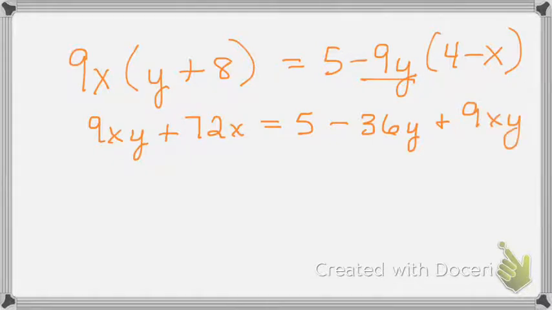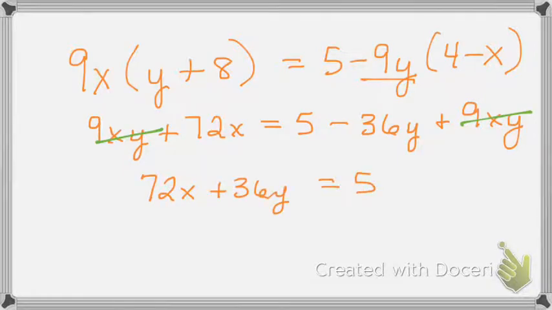9xy. Initially you're looking at it thinking, well, this can't be linear, but my 9xy's cancel out of the problem. So now am I left with something that's linear? I am, so I could easily go to standard form on that. 72x plus 36y equals 5.